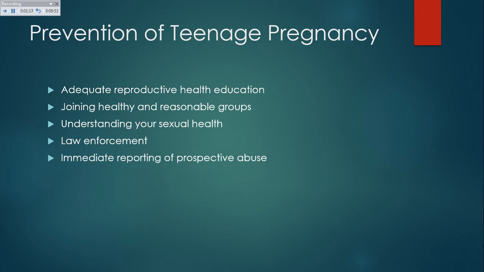There's also the need to educate the teenager to quickly inform people about those who sexually abuse them, such as touching them in places they are not supposed to, or saying things that they are not supposed to say to them. They should be able to report them to the appropriate persons.